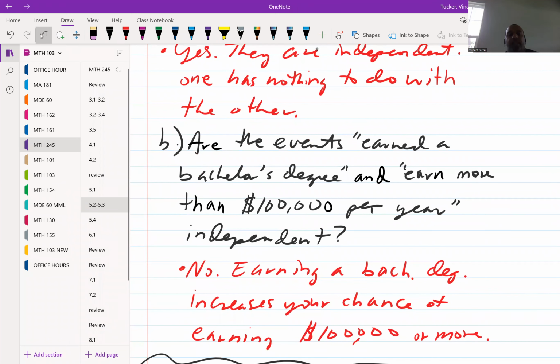So these are not independent because earning a bachelor's degree increases your chance of earning $100,000 or more. So it does not secure or make it 100% guaranteed that you will earn $100,000 or more. It just increases your chances. So, and that's what we're talking about here. If anything alters the probability or the chance of something occurring, then those events are not independent.